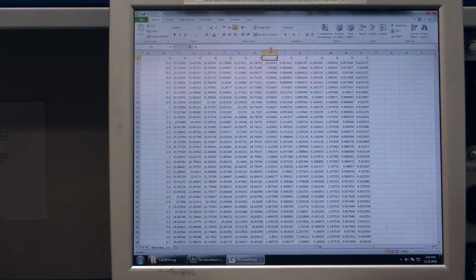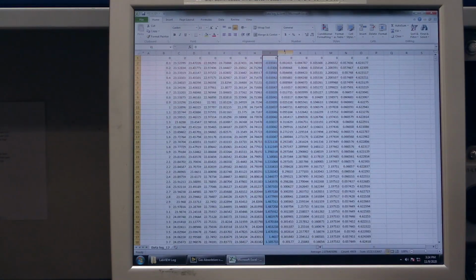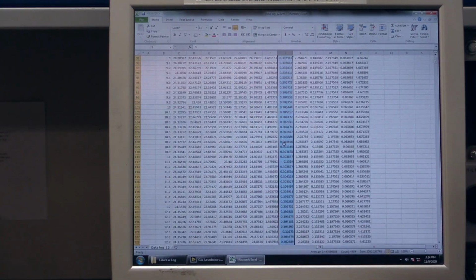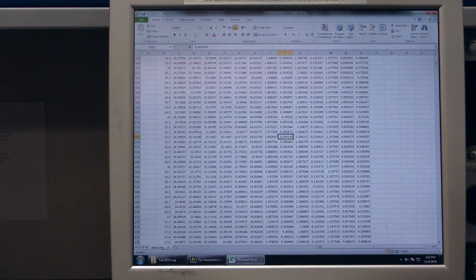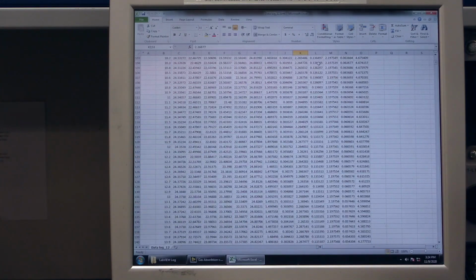So column I is the flow of water into the system, and column J is the flow of CO2 into the system, as you can see, 0.303305 and the rest of them. And column K is the flow of air in standard liters per minute, same as CO2, standard liters per minute, 2.2, and the rest of that.